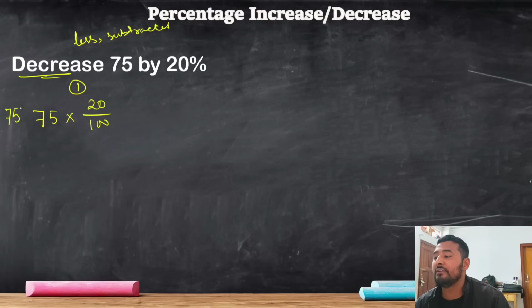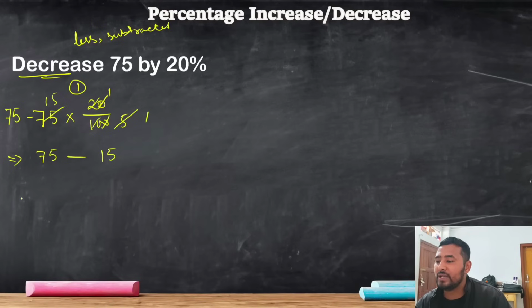So you can write 75 minus this one, right? Because you're decreasing, subtracting. Then you start with the cancellation, 0, 0, 2, 1, 2, 5, 5, 1, 5, 15. So you'll get 75 minus 15. 75 minus 15 is how much? 60. So the answer will be 60 according to method 1.